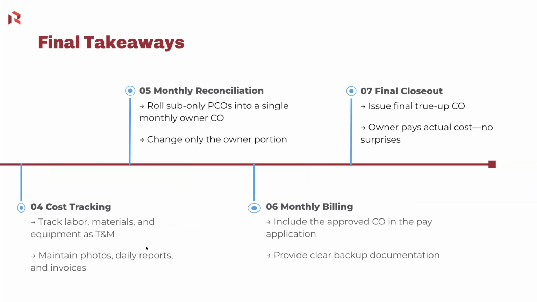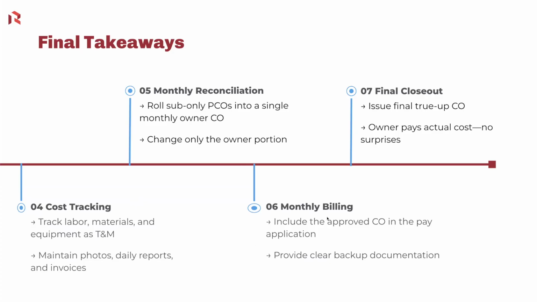And then we'll go to cost tracking, where we'll track our labor, materials, and equipment as T&M. And we'll definitely want to make sure we maintain photos, daily reports, and our invoices are important for Cost Plus, especially those invoices. Then we'll move on to our monthly reconciliation, where we will roll up all of those sub-only change orders into one single monthly owner change order.